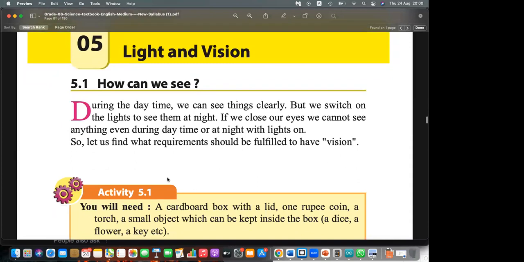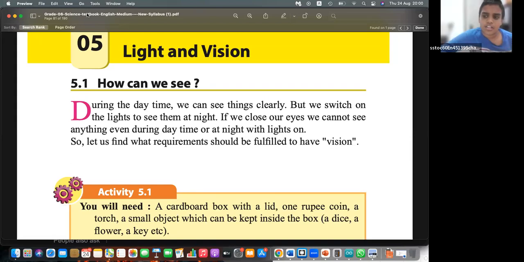So basically light is considered a form of energy because we have learned about matter and energy. So can you tell me the difference between matter and energy? Yes, anyone? Matter has a mass and occupies space.